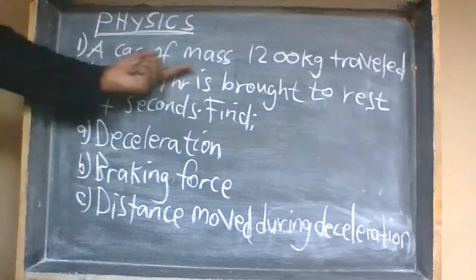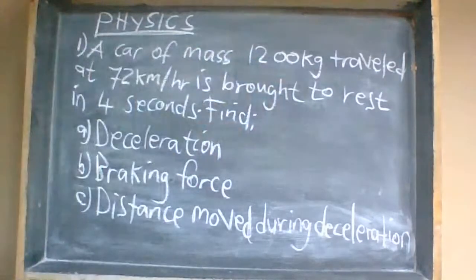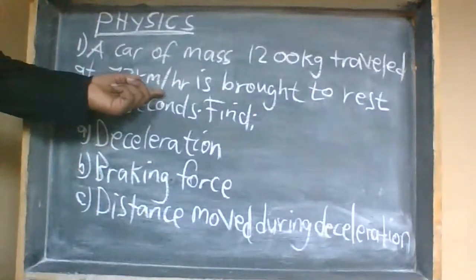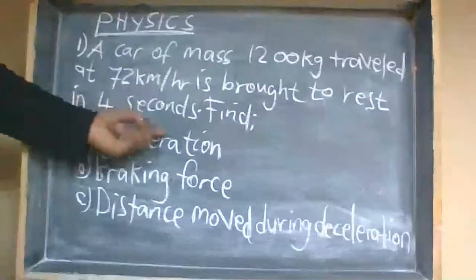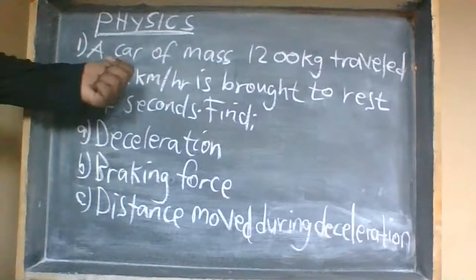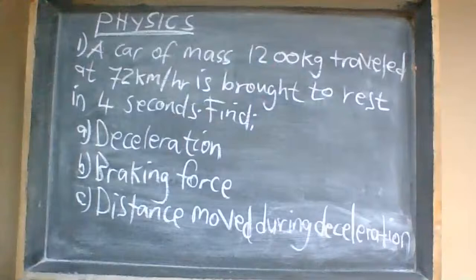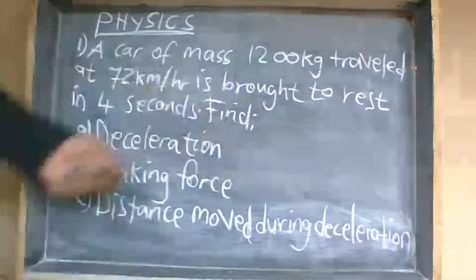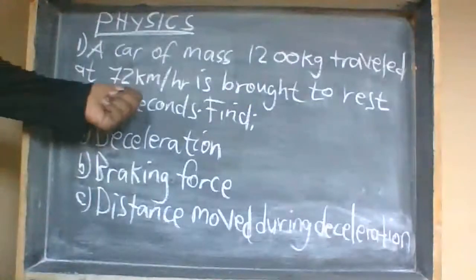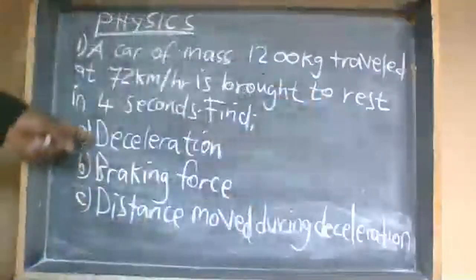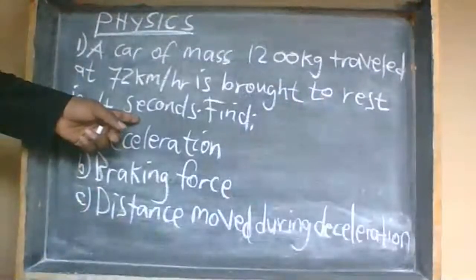A car of mass 1,200 kg traveled at 72 kilometers per hour and is brought to rest in 4 seconds.